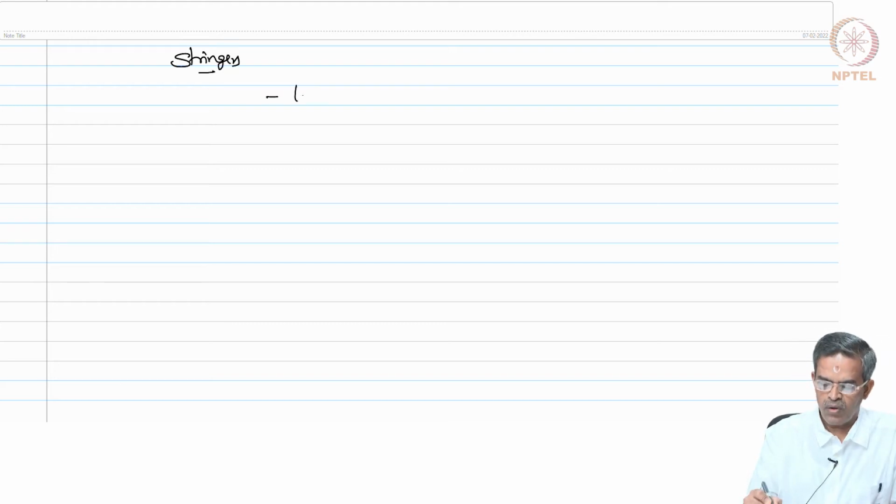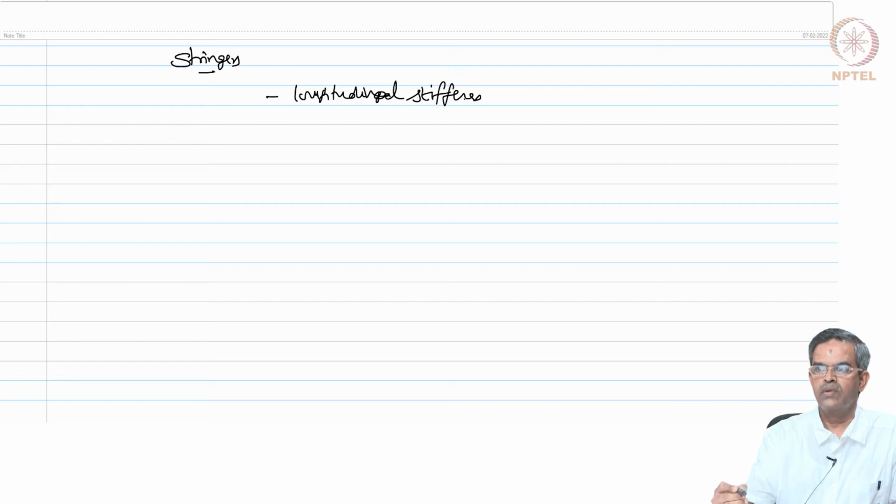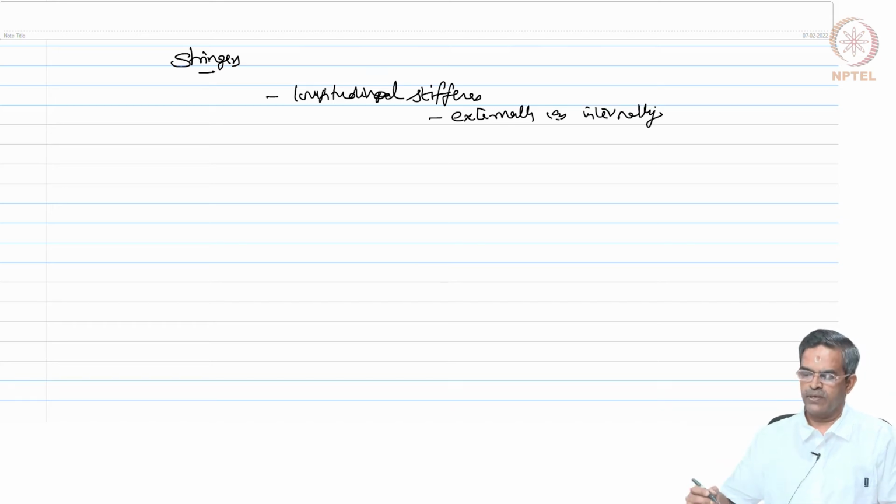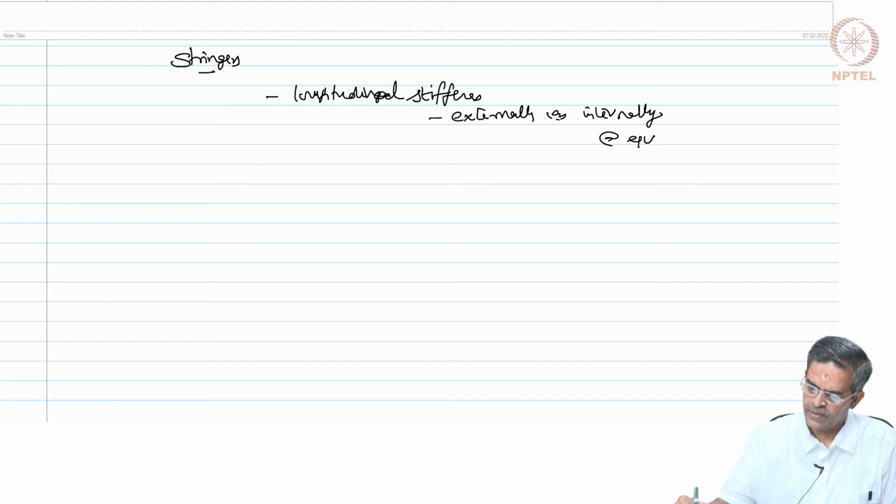Stringers are longitudinal stiffeners, which are either attached externally or internally to the cylinder at equal spacing.